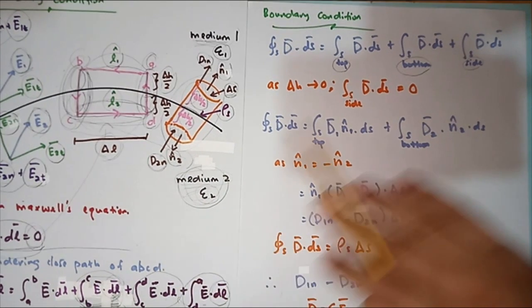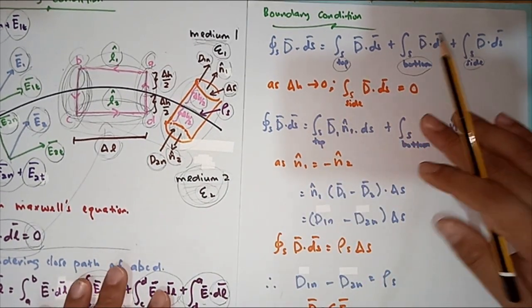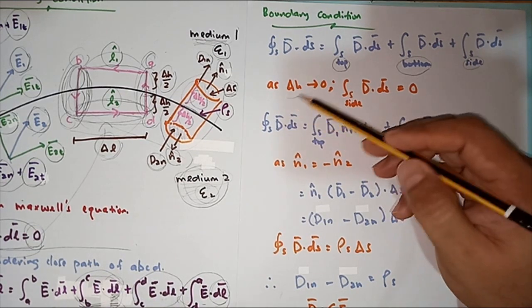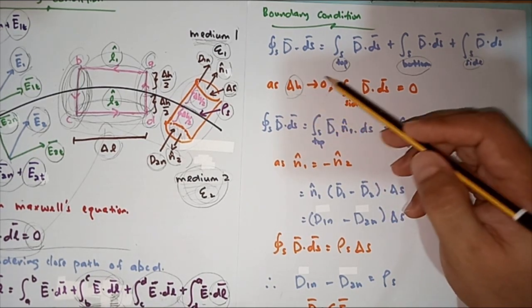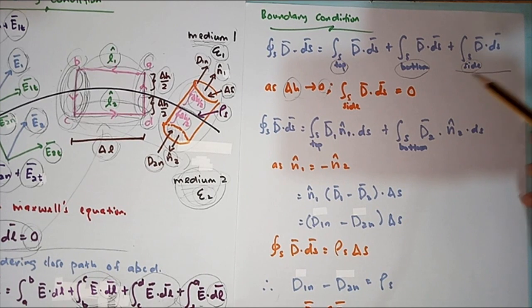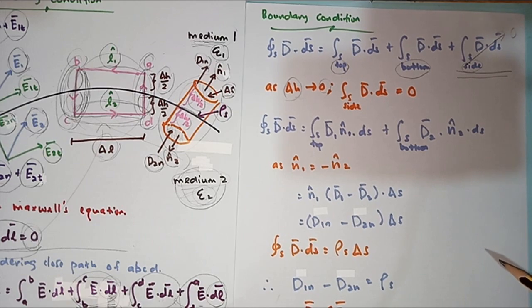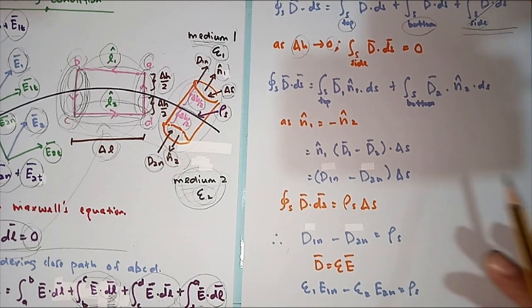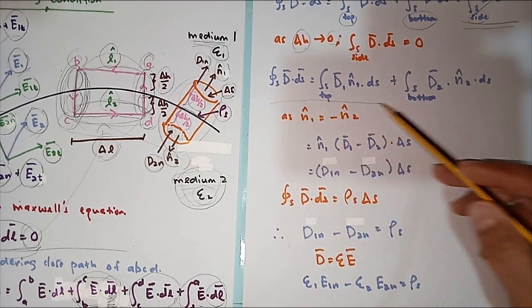Same as what we did just now, we assume that our delta H is near 0, so the value for this part of the integration is equal to 0. So that leaves us with this expression.